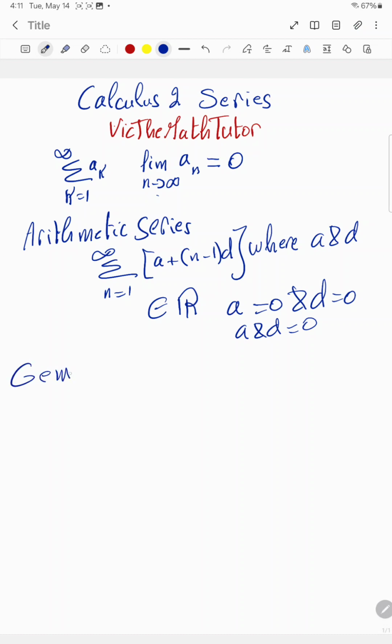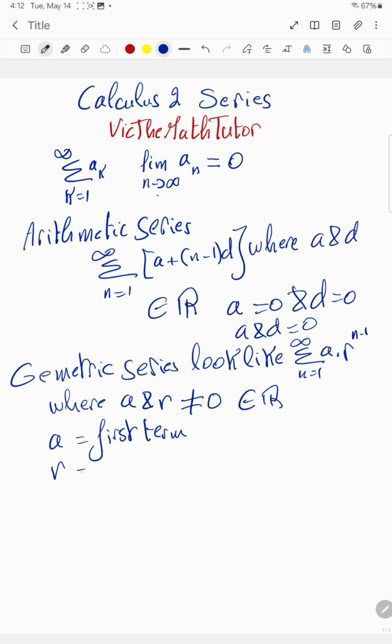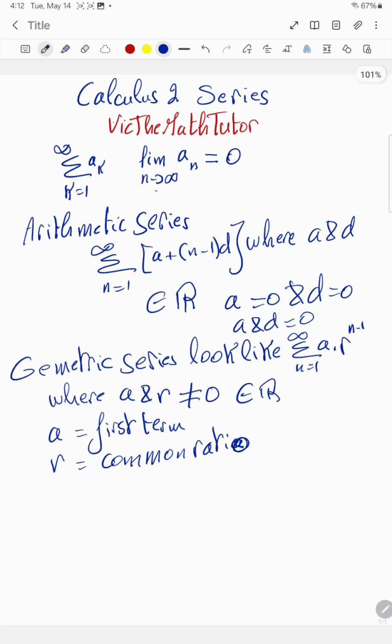A geometric series looks like this: the sum for n equal 1 to infinity of a times r to the power of n minus 1, where a and r are different than 0, and they are real numbers, belonging to R. So a is equal to the first term of that series, r is the common ratio, and I will tell you about this ratio, and n is the number of terms.